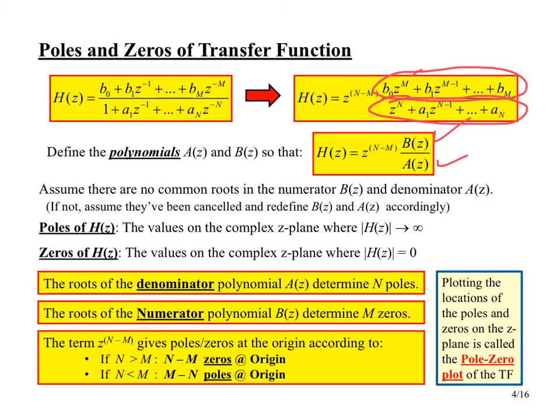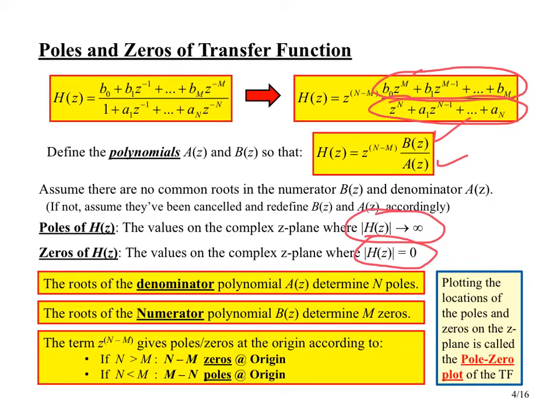So once we have that, then we can define poles and zeros of the transfer function. The poles of the transfer function are the values of z that cause the transfer function magnitude to go to infinity, and the zeros are the values of z on the complex z-plane that cause the transfer function to go to 0.